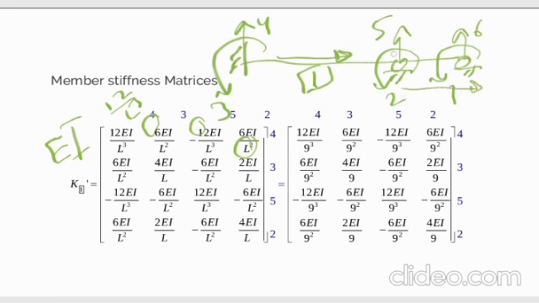This is member number 2. Here in the first we start with vertical and then rotation.